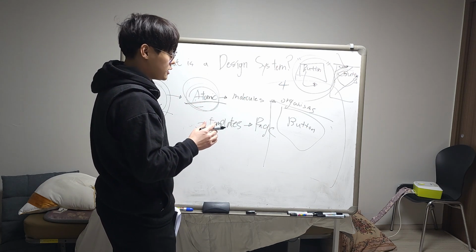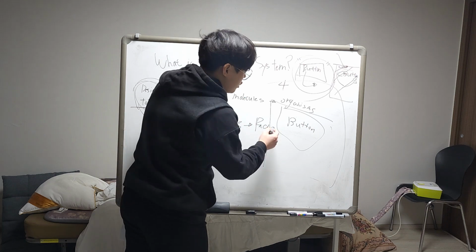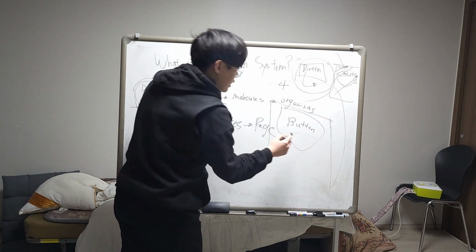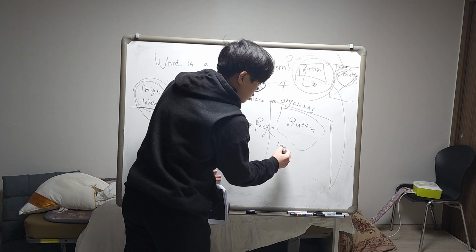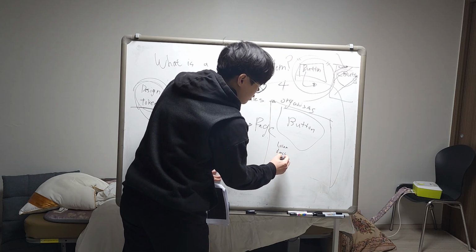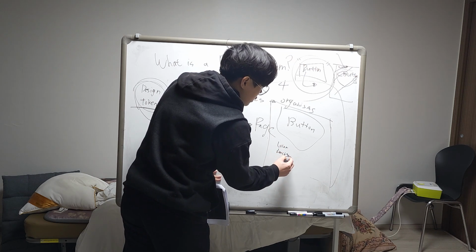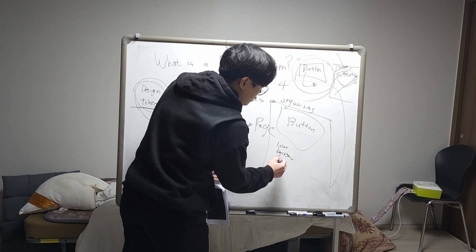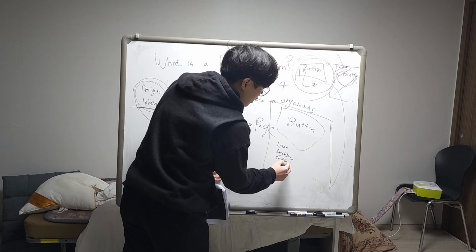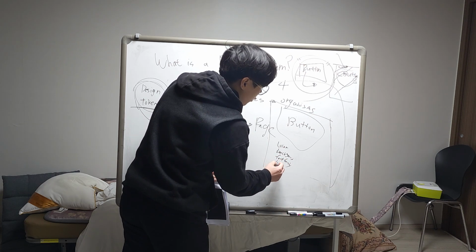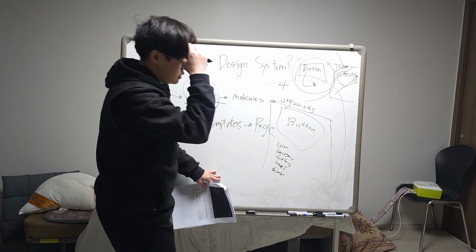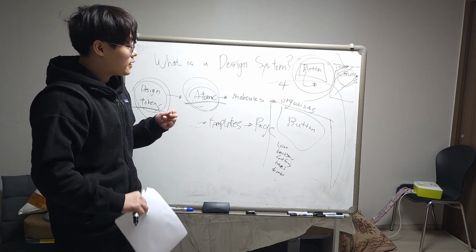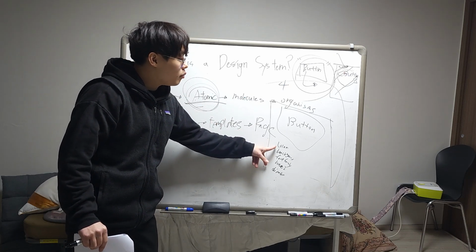But if you look closely, there are so many things in the button: the color, the background color, the font family, and the states, hover and disabled, and there's a lot of things, and you have to make them tokens to make this kind of button.